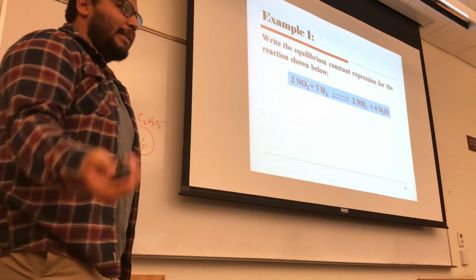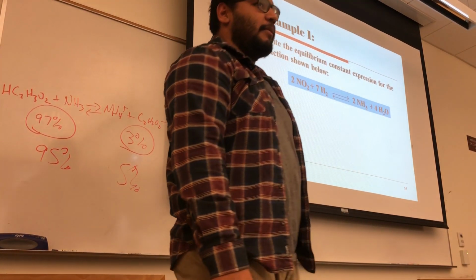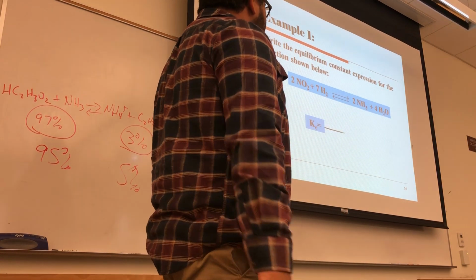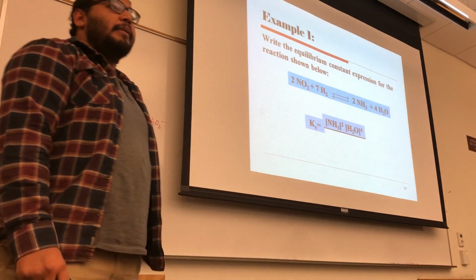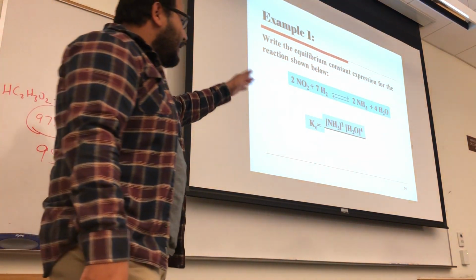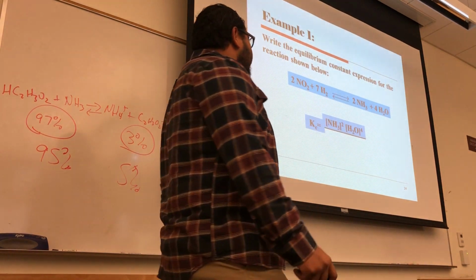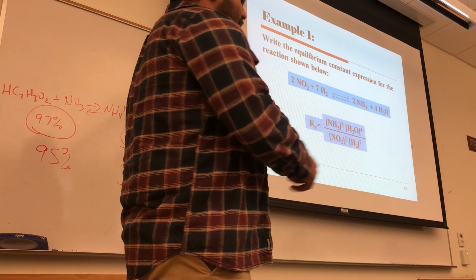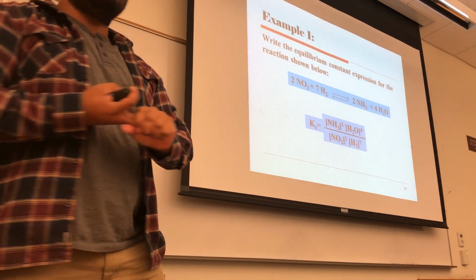I think you probably all saw it immediately. In this particular case, we're going to do products over reactants, so our K expression should show that. It should be our NH3 and H2O, and the coefficient of NH3, ammonia, in this case is 2, so we put a 2 as a power, and so on. Is that clear for everybody? Products over reactants.